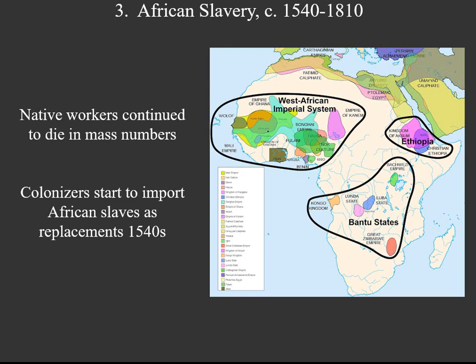The Native Americans did not have the biological resistance, the natural resistance, to European diseases because they hadn't been in contact with those diseases. So when smallpox and yellow fever and those types of things start moving into native populations, it just wipes them out. Oftentimes entire tribes are killed by European diseases.